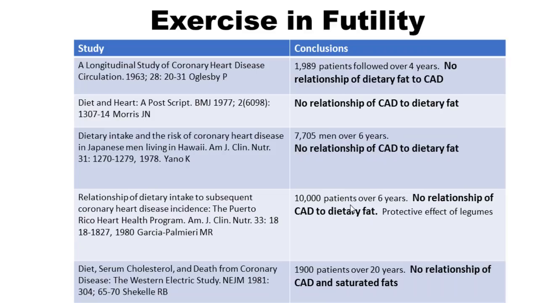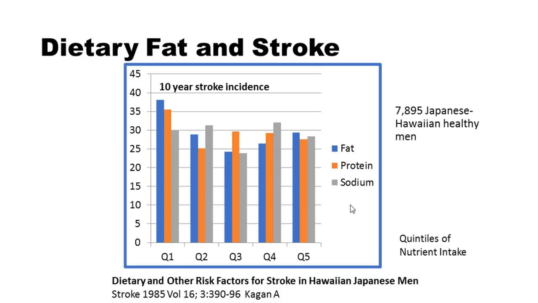In 1980, you had this 10,000 patient study followed over 6 years with no relationship of coronary artery disease and dietary fat. So it went on and on. They kept trying to prove the point that eating fat clogs your arteries and causes heart attacks, but every single time they looked, they couldn't find it.